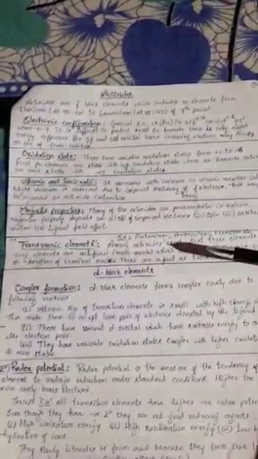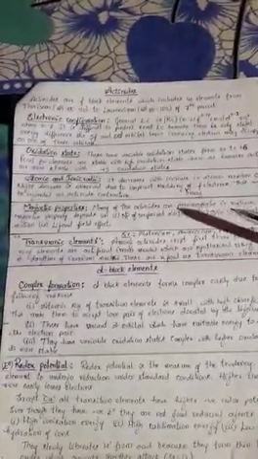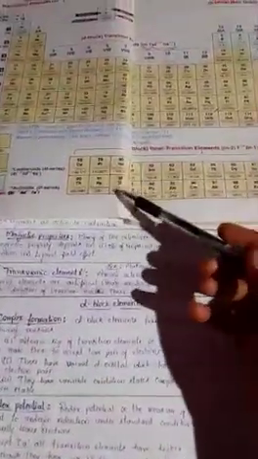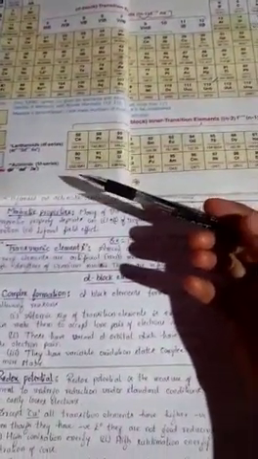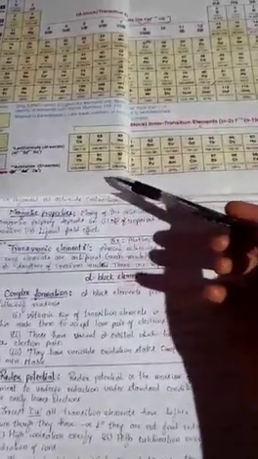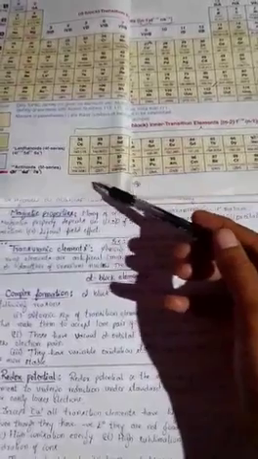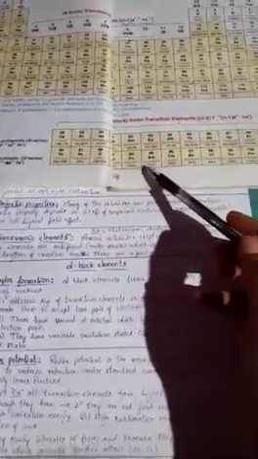But in case of actinides we observe transuranic elements. So what are transuranic elements? Let us see this chart. In the actinide elements, the first three elements, thorium, protactinium and uranium, are natural elements. The remaining elements are artificial or man-made elements.